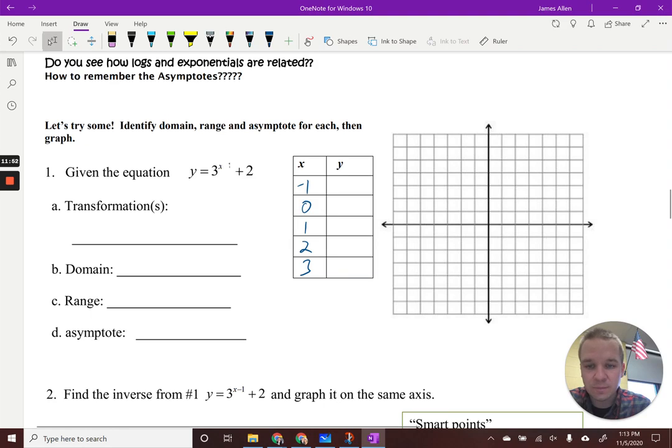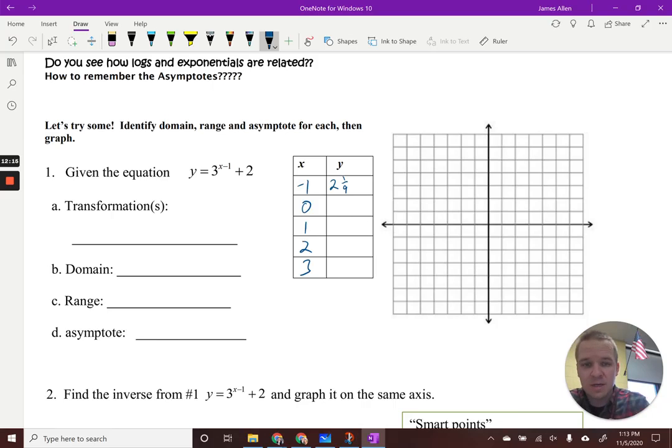If I plug -1 in, I'm going to have 3 to the -2nd, which is 1 over 9, right? So I'll have 2 and 1/9. I'm going to leave it as a mixed number there. Really doesn't matter that much in this one. If I plug in 0, I'm going to have 3 to the -1st.